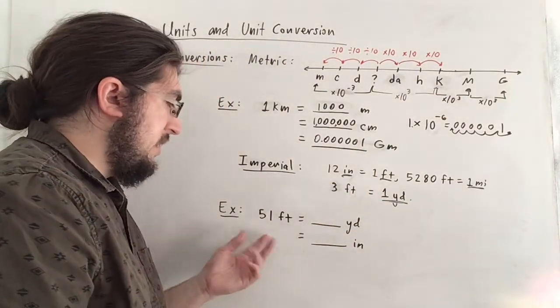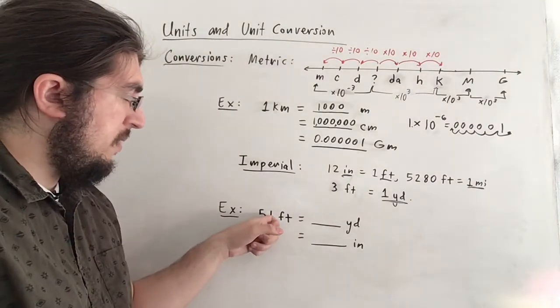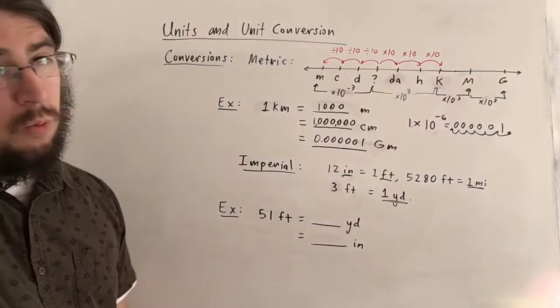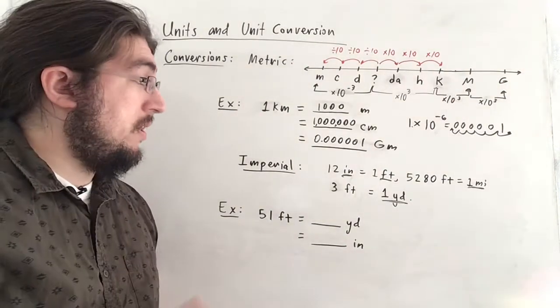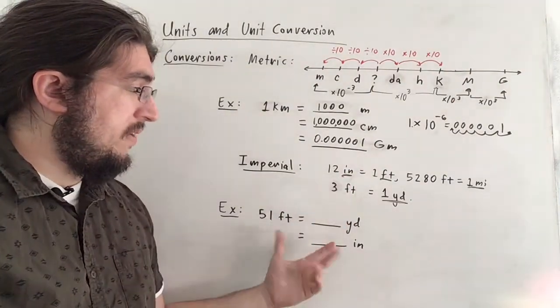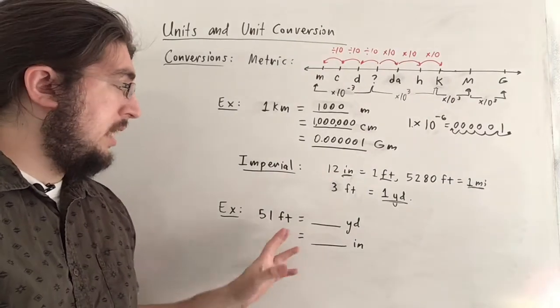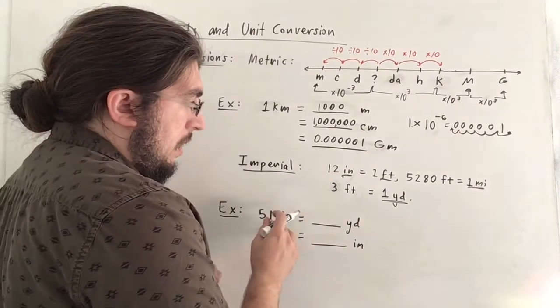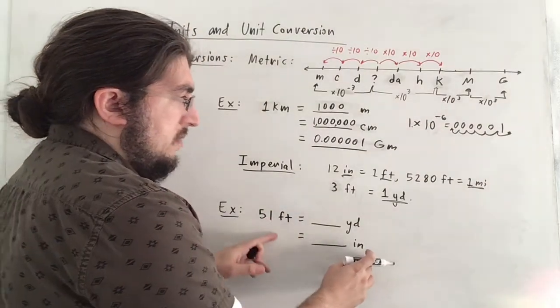So for this example, we want to find out 51 feet is how many yards and how many inches. Well, one way to do this is just to look at the conversions involving feet and yard and feet and inches and multiplying both sides by whatever we need to make 51 feet. So let's do feet to inches first.